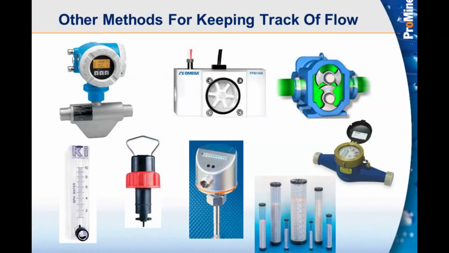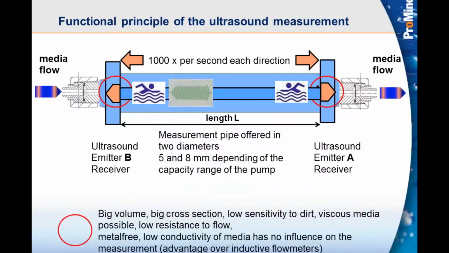Thermal flow rate unit in the center, that's IFM Effector, I believe. To the left of that, just an inline paddle wheel, and then to the far left on the bottom is a rotameter. So that's going to give us also an instantaneous display. So we have a variety of ways of doing that. We're adding the Dulcoflow to do that.